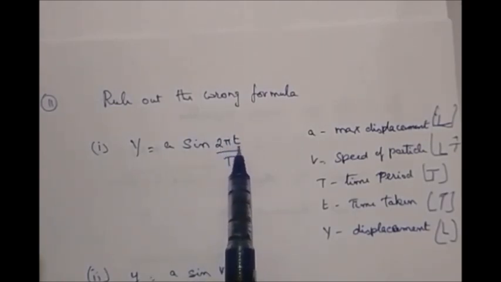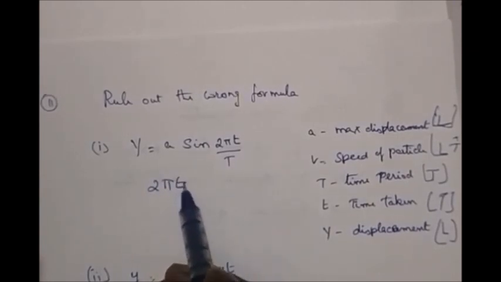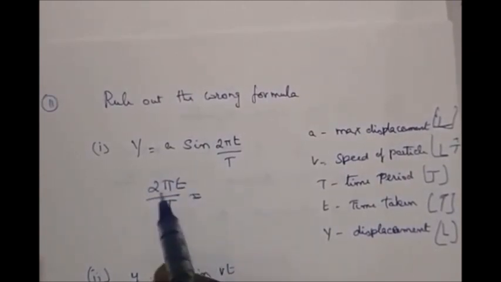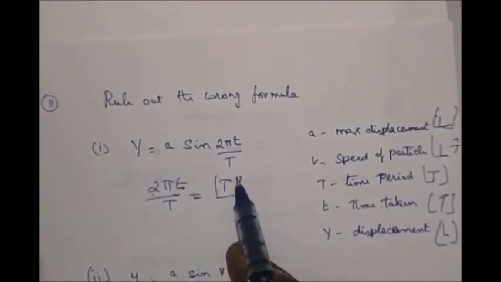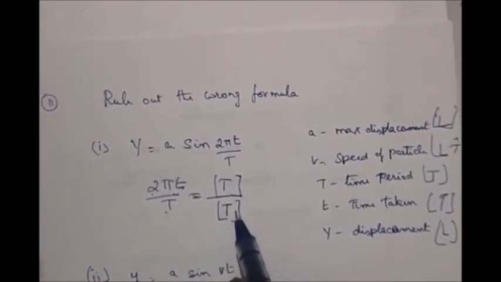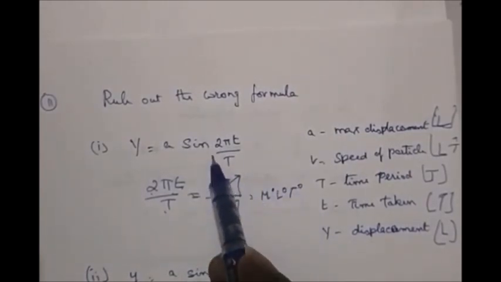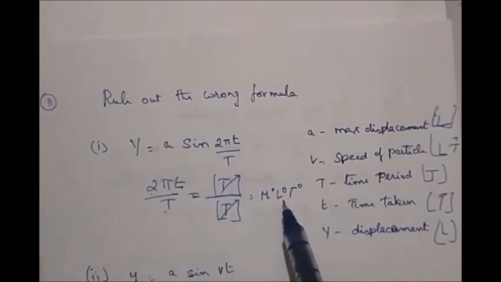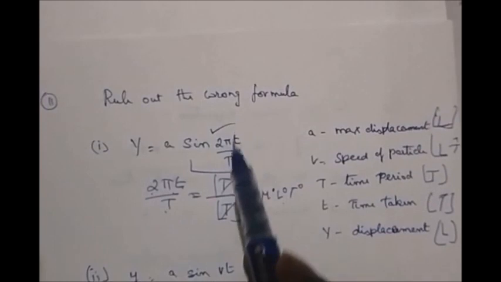Is 2 pi small t upon capital T dimensionless? 2 is a constant, pi is a constant, with no dimension. Small t has the dimension of capital T, and the next is also a time period, capital T. These two cancel out, so you get M0 L0 T0. This inside term is totally dimensionless, so this particular part is correct.